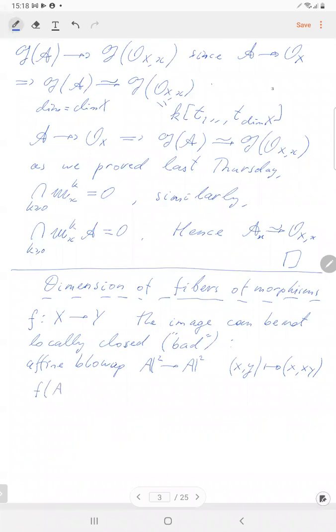F of A2 is essentially A2, but without what? If x is 0, then xy is necessarily 0 also, right?